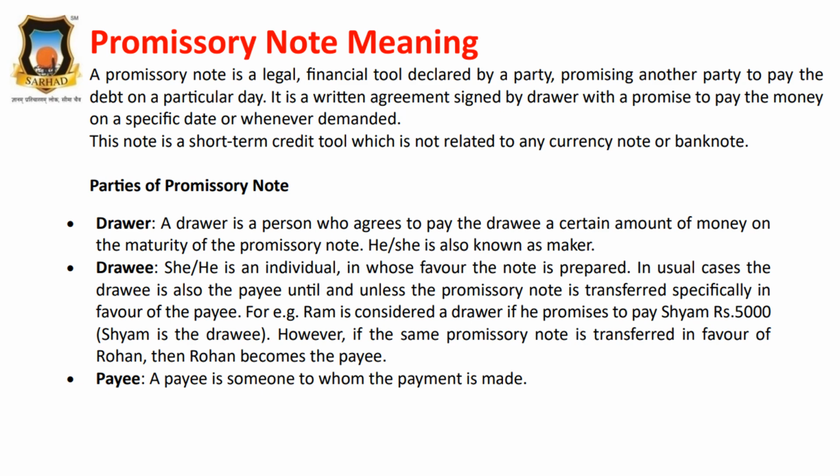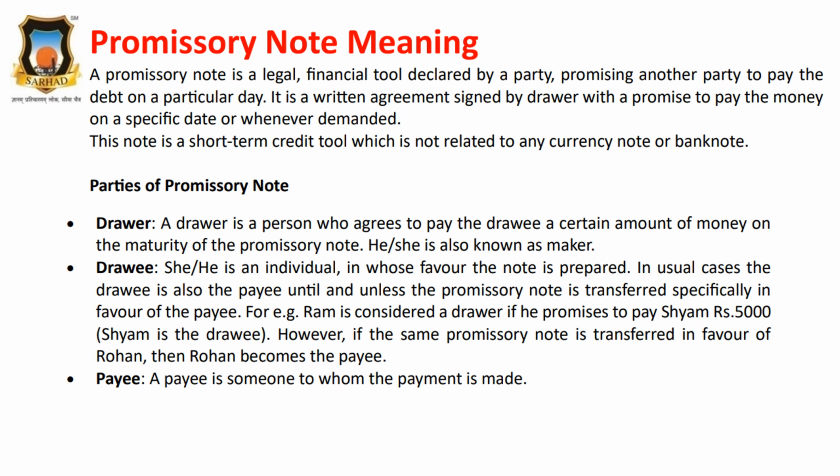Here we can understand with the help of an example. For example, Mr. Ram is considered a drawer. Ram is the person who is going to give the promise in return to pay the money in future. So Ram is considered a drawer if he promises to pay Sham rupees 5,000.